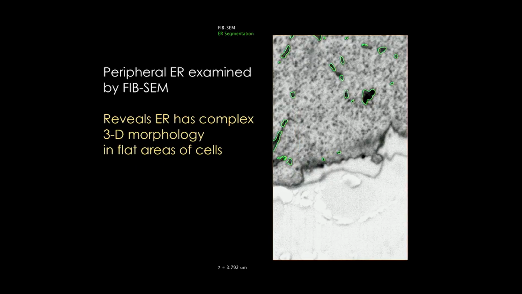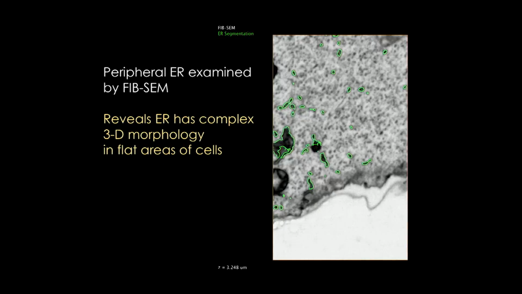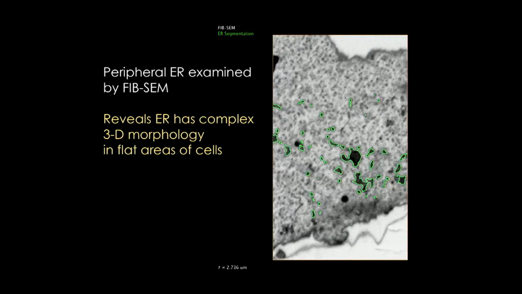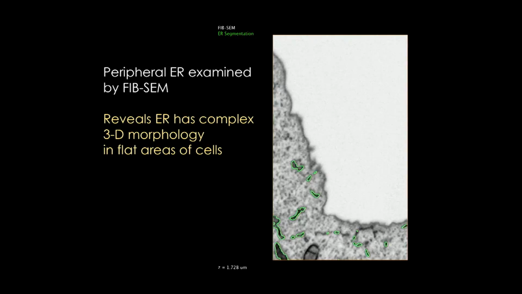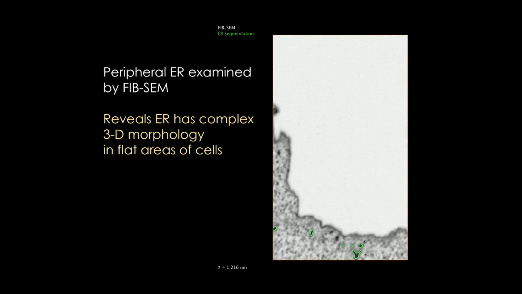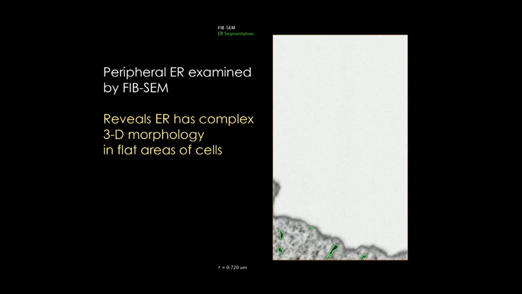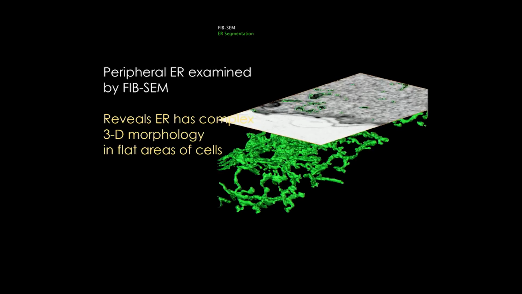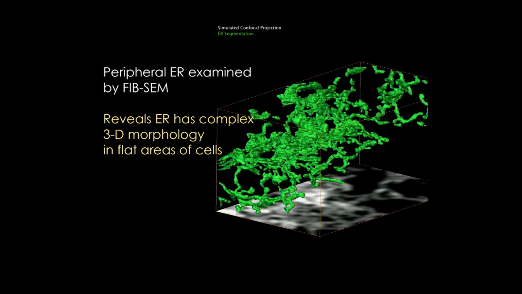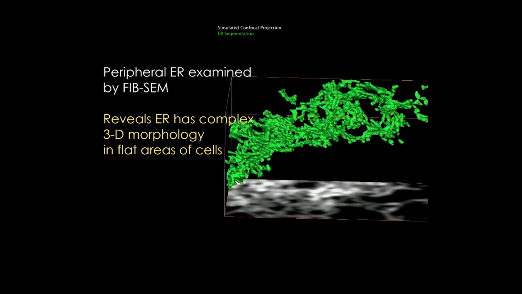And we've used that in collaboration with Harold's beautiful FIB-SEM system at Janelia to begin slicing through parts of the cell to reconstruct particular organelles in order to understand how these organelles are shaped in 3D and how they communicate with other organelles. What you're looking at here is just the fine complex architecture of the endoplasmic reticulum in a small, the edge of a cell.